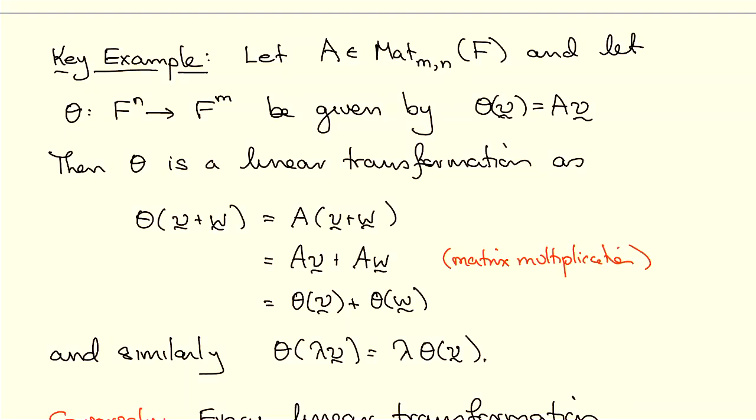This is m by n, this has to be n by 1, so it's in F^n, and then this becomes an m by 1 vector, like a matrix. So that's something in F^m. This is just matrix multiplication, so all the associativity and everything of matrix multiplication tells us that we've got a linear transformation here.